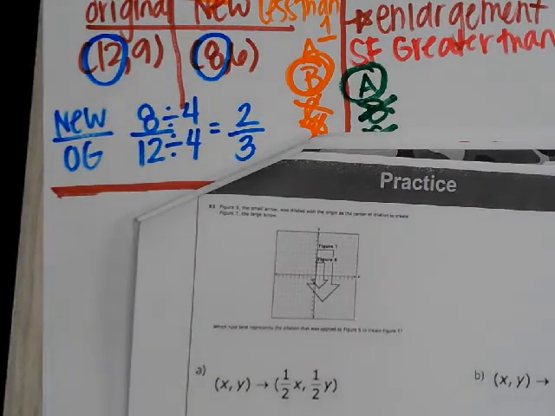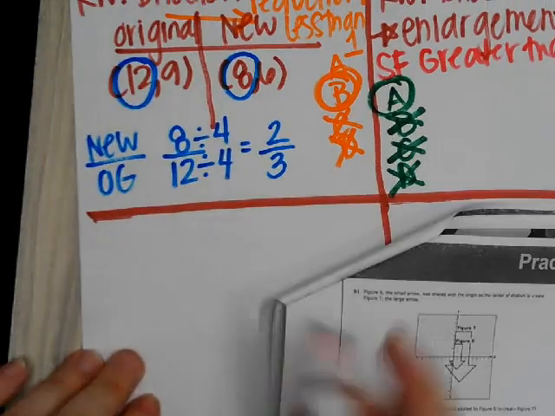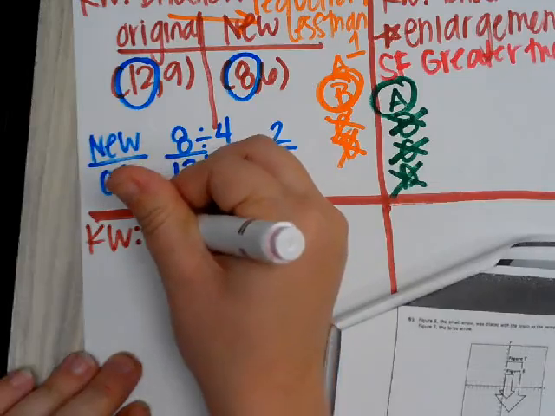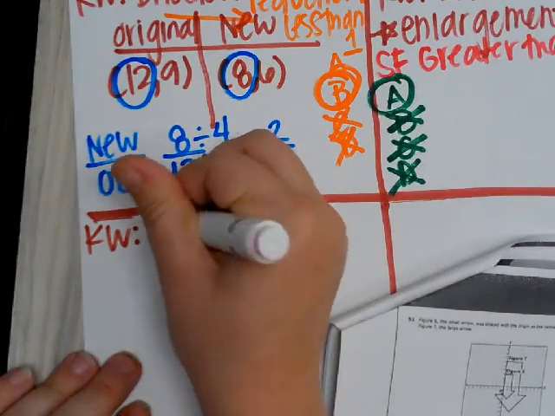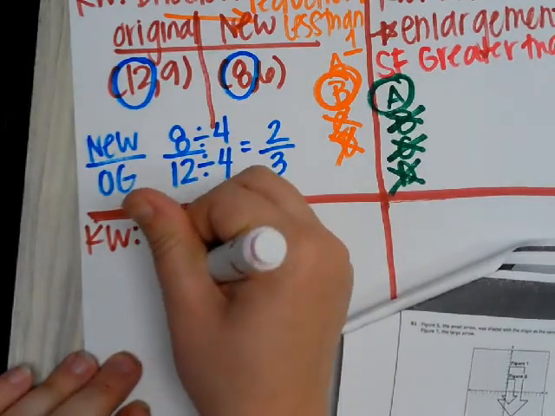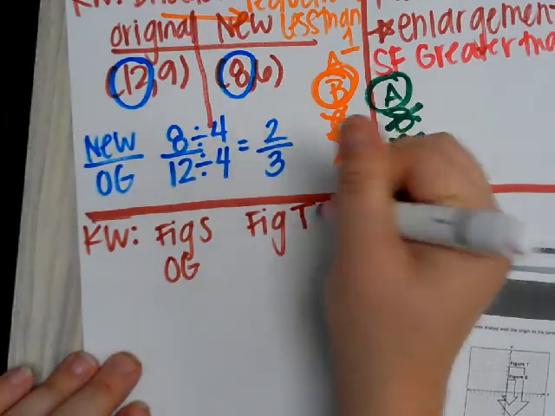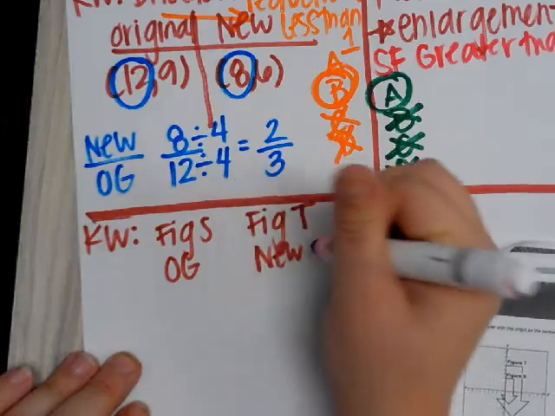Okay, small figure S, the small arrow, was dilated from the origin as the center of the dilation to create figure T. Okay, so if I write this down, figure S is my original, figure T is what we knew, and it's an enlargement.